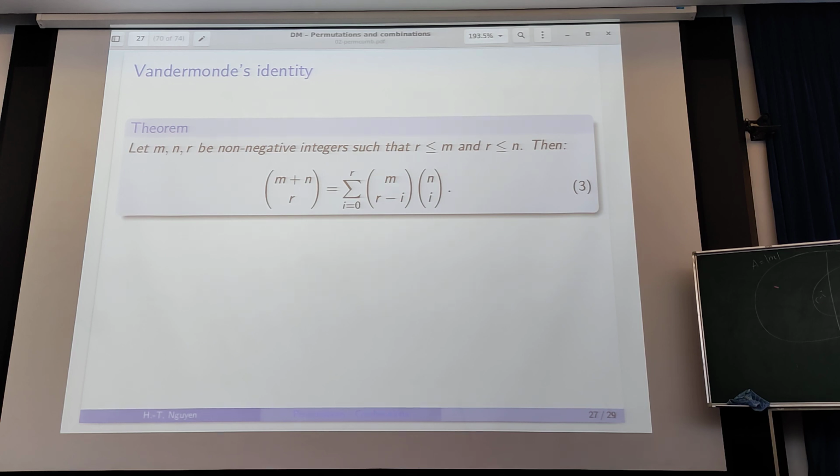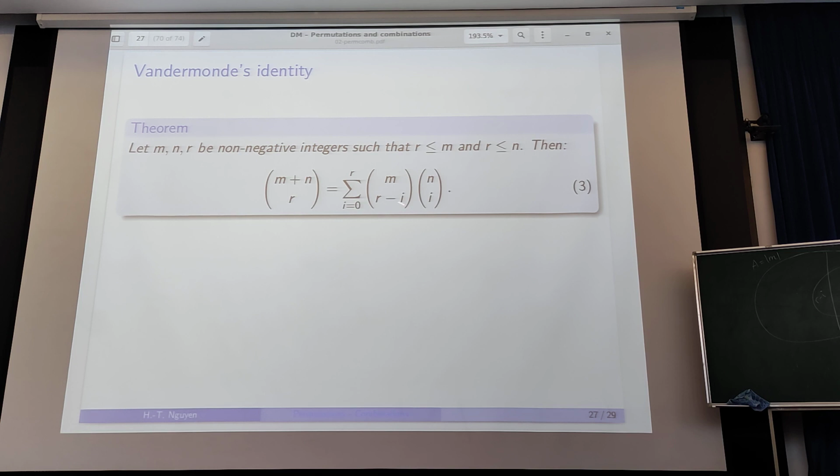And since i can get any value from 0 to r, we have r plus 1 cases, for i equal to 0, for i equal to 1, and so on. And we apply the sum rule.